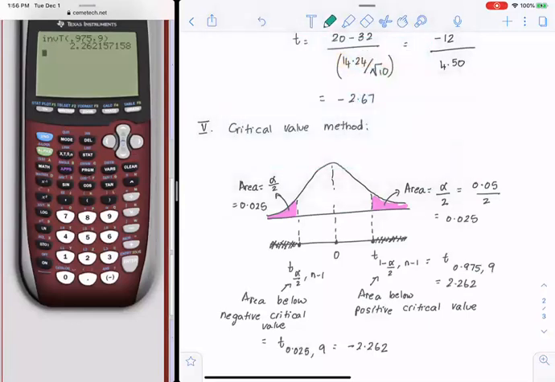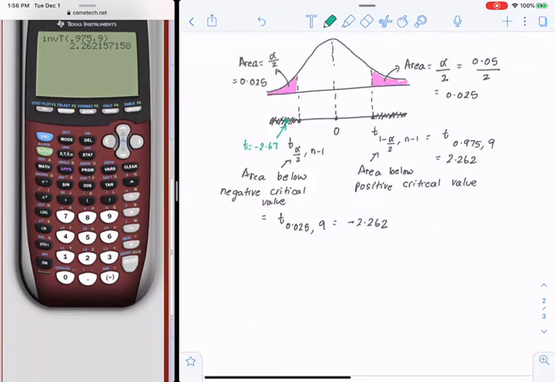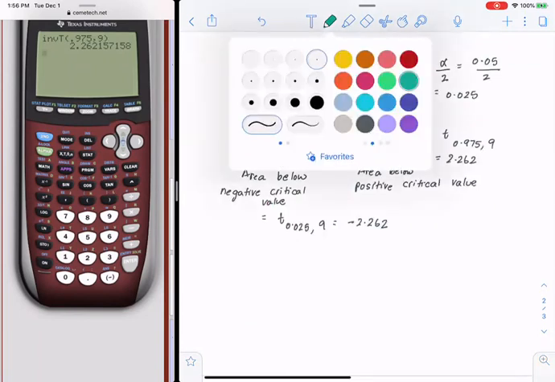The test statistic is negative 2.67. And negative 2.67 is probably right over there. So the test statistic falls in the rejection region.